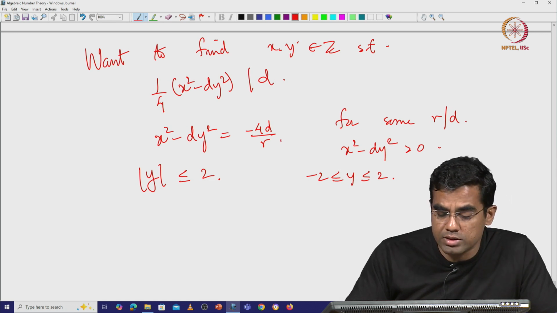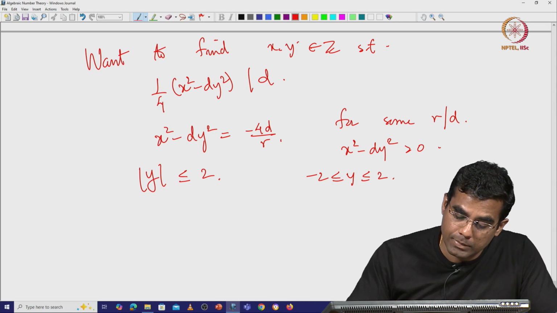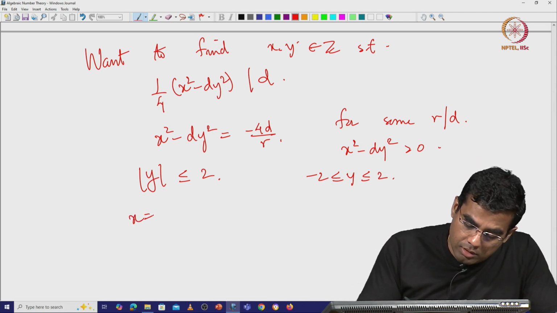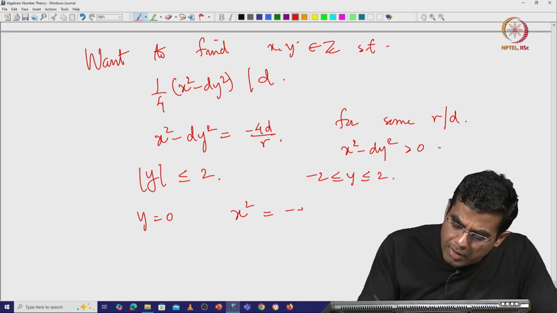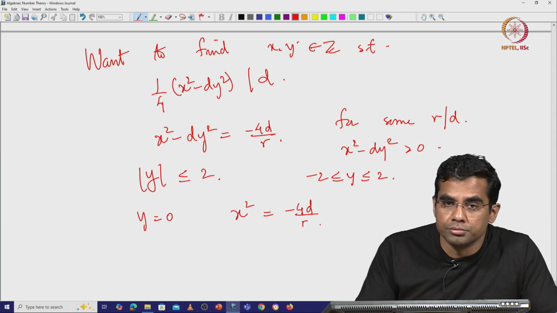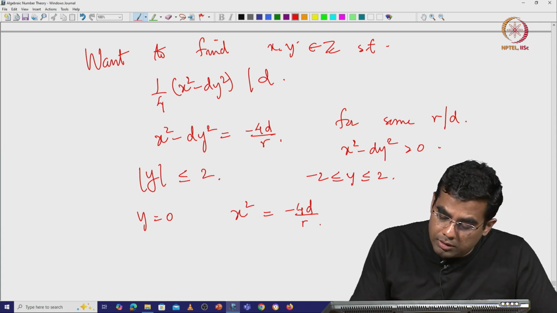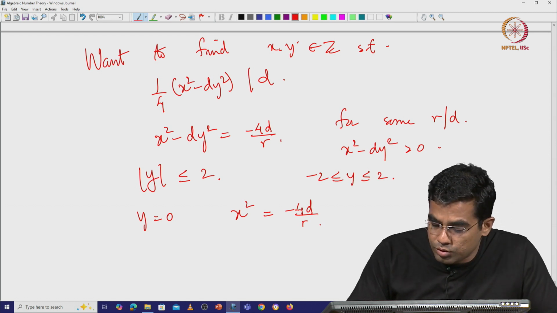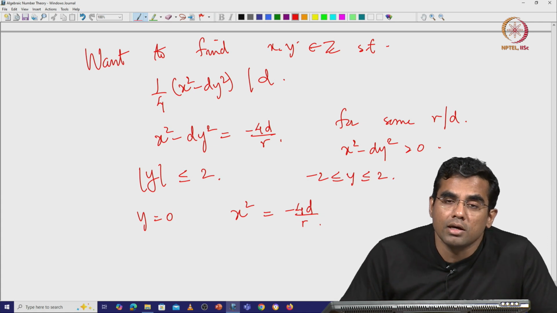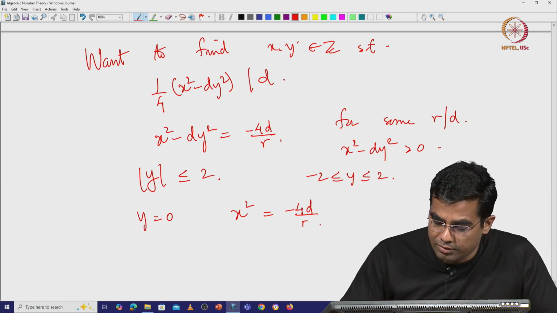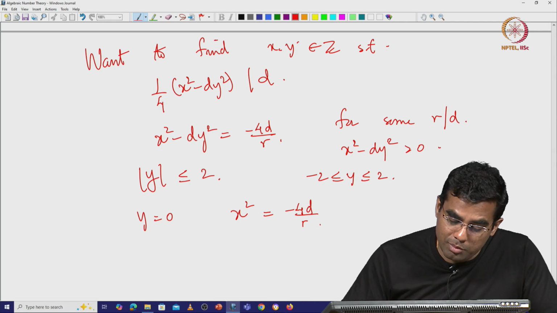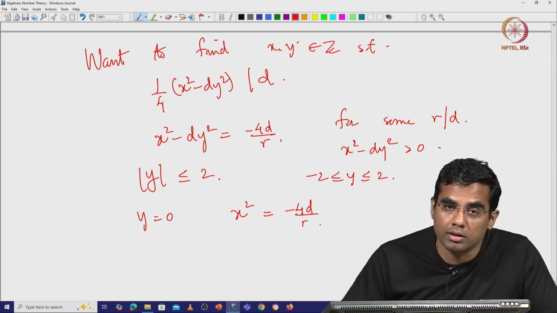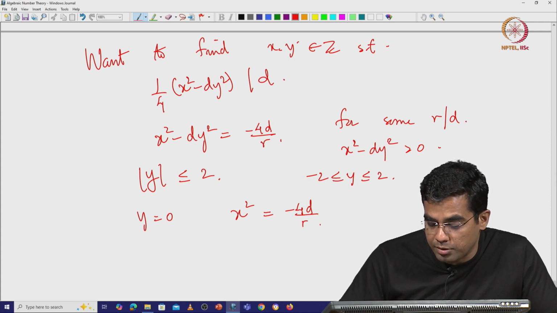Okay. And so, what we can do is we can just take cases one by one, right, and so we can take y to be 0, then what happens is x square is minus 4d by r, right, and so the only solution for this is, so remember that d is, so one thing is that x cannot be a prime number, because we have already divided out by the ramified, not the ramified, but inert primes, right.